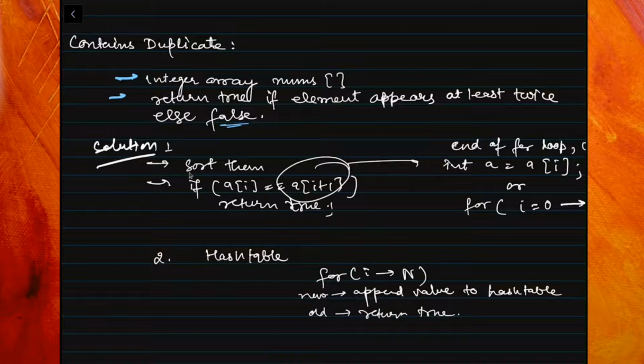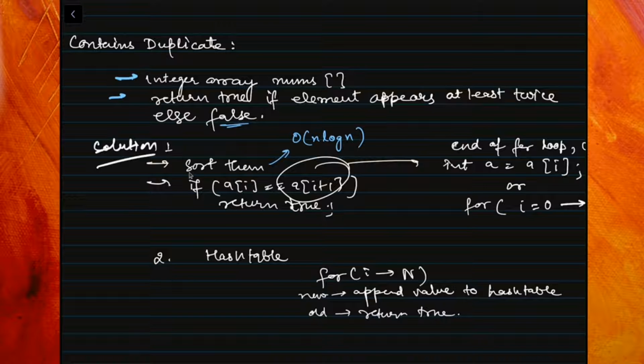Here we have another method: if we sort this array, it would take O of n log n to sort. And what would happen after we have sorted the array?